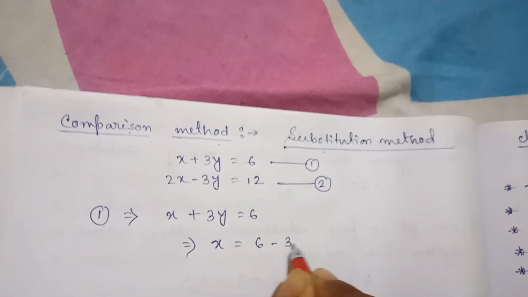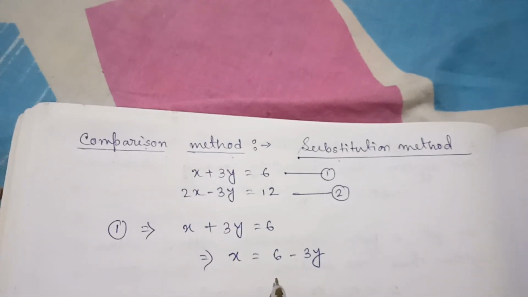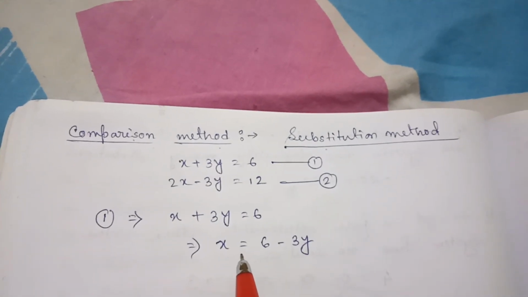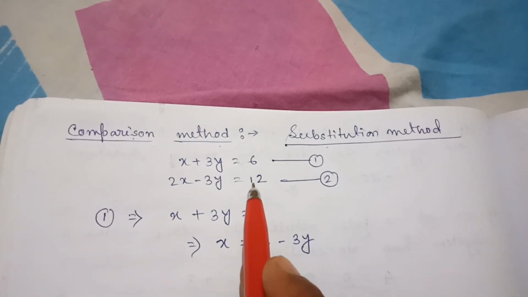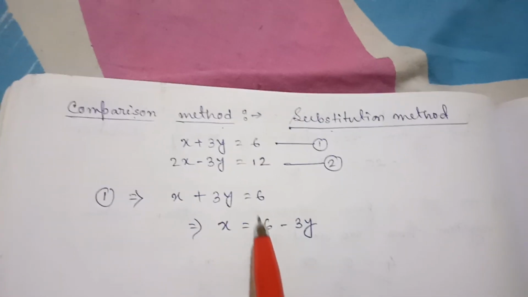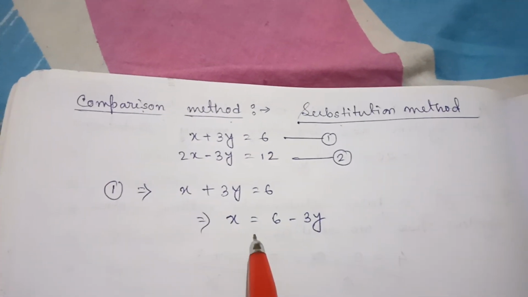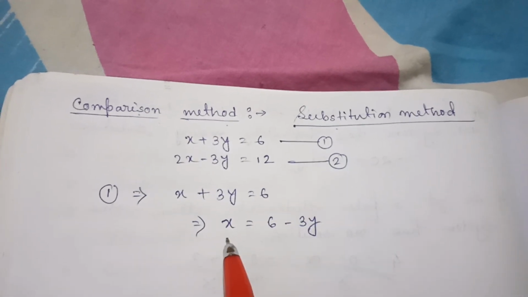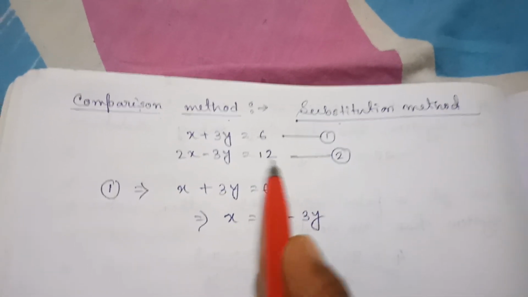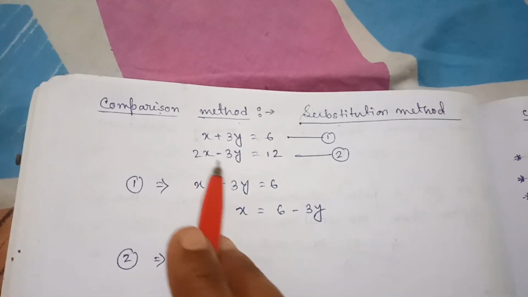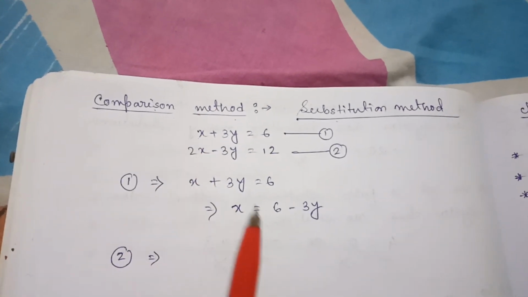So from this we are getting x equals to 6 minus 3y. Now by the substitution method we all know that we have to substitute this value in the second equation, but we will not do that here for the comparison method. For the comparison method, we will be finding x's value from 2 also. That means for the comparison method, we need to fix up one variable like x.